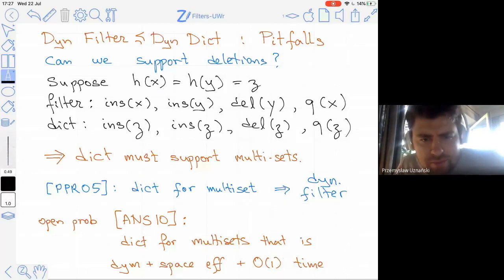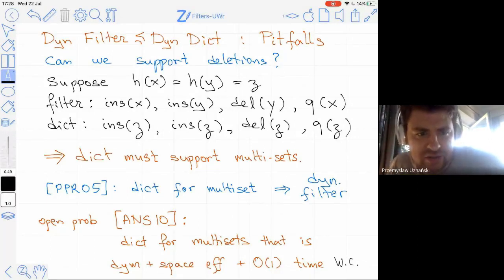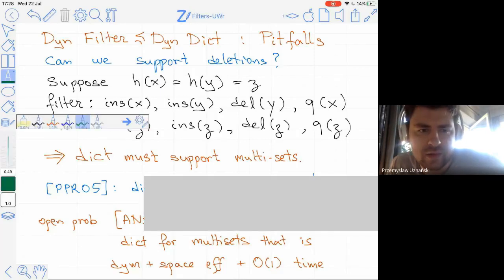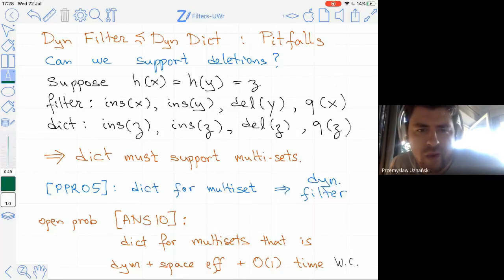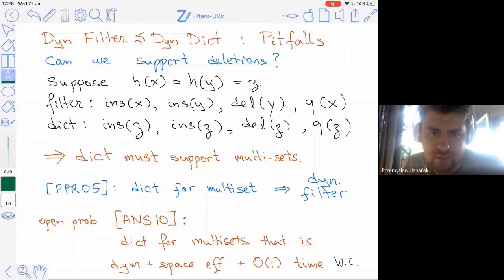Yes, please. How would multisets help here? I mean, imagine you have a sequence of operations: insert x, insert y, delete x. And then, depending on whether the query is over x or over y, suppose the last query would have been a query of y rather than a query of x.